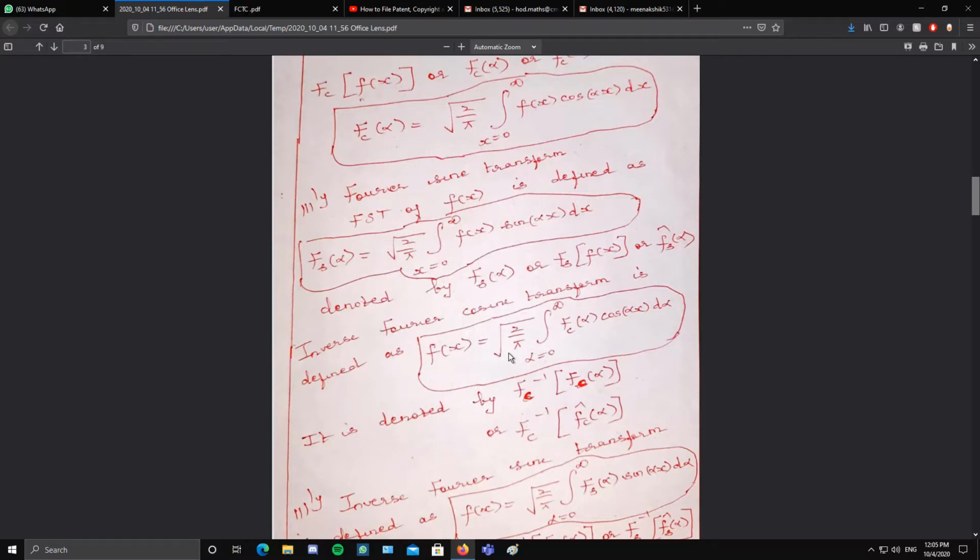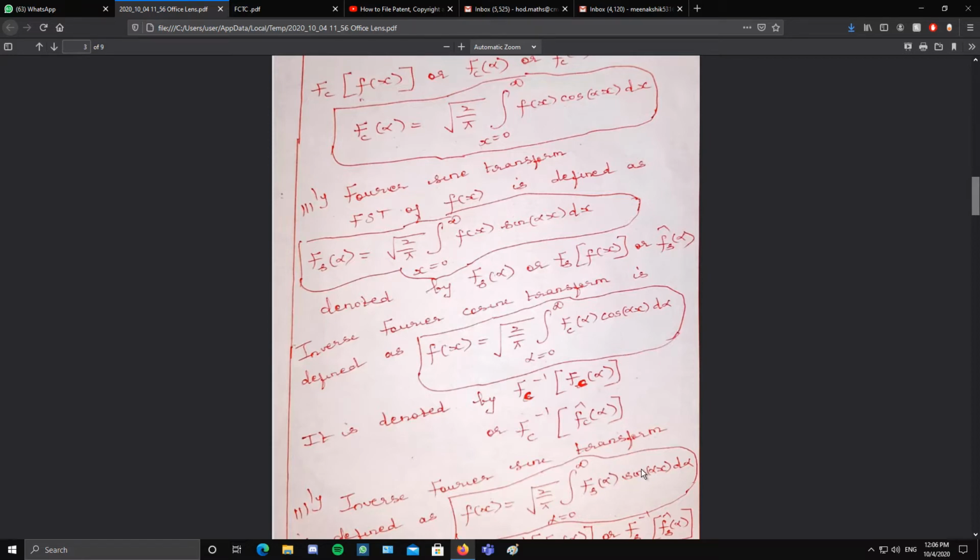So f of x equals root of 2 by pi integral alpha equals 0 to infinity Fc of alpha cos alpha x d alpha. Similarly, inverse Fourier sine transform is defined as f of x equals root of 2 by pi integral alpha equals 0 to infinity Fs of alpha sine alpha x d alpha. So in place of cos you have sine.